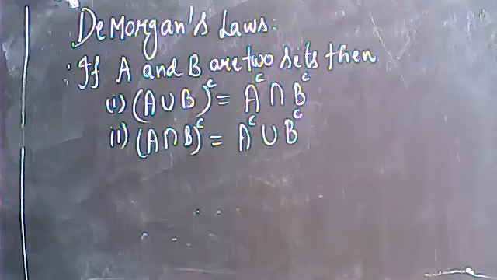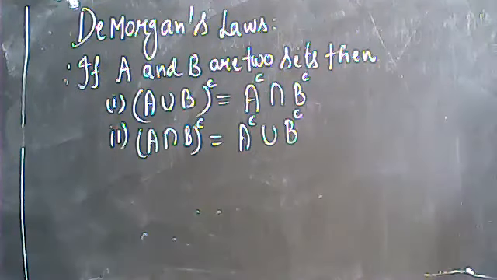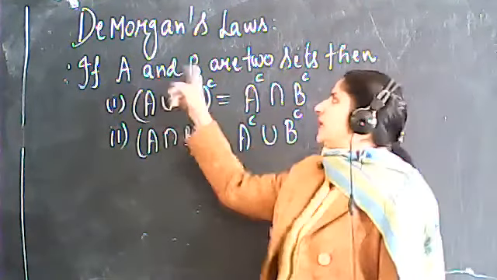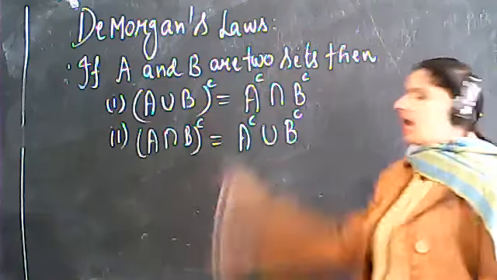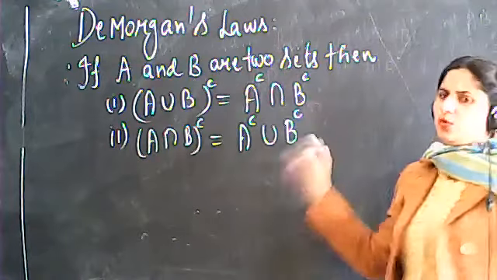This is the statement of De Morgan's law. If we have two sets A and B, then we shall prove that these two results are true. This we have to prove.